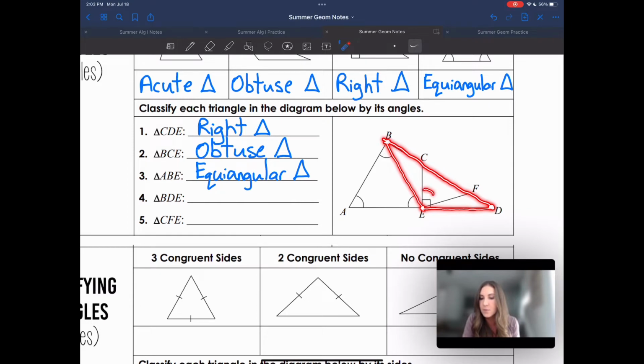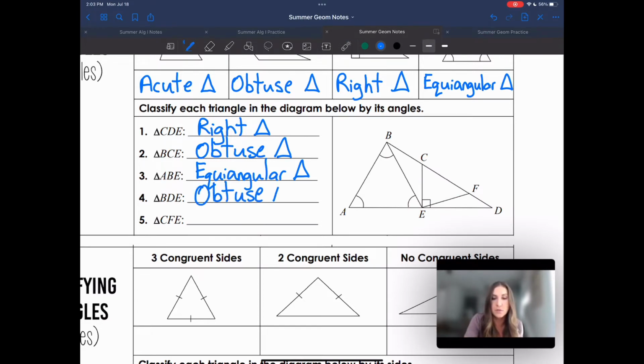You do see a right angle in here, but it's actually bigger than the right angle, right? The right angle goes from here to here. We're talking about the angle all the way over here past the right angle. So if it's past the 90-degree angle, this is definitely going to be obtuse. Obtuse triangle.